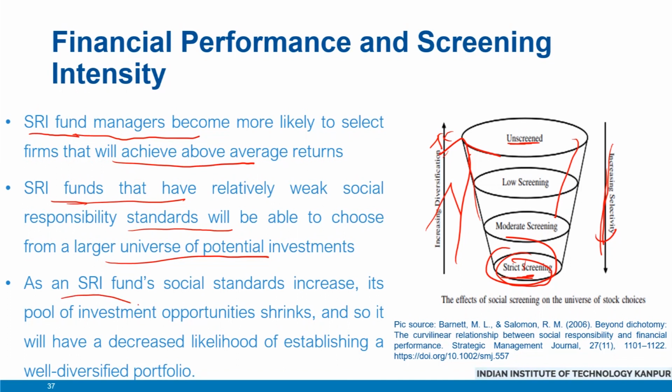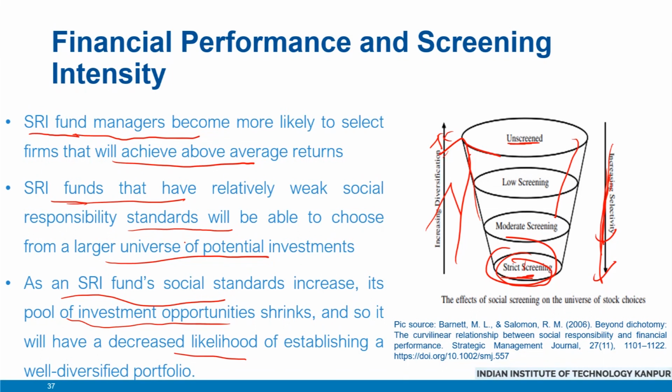As an SRI fund's social standards increase, that means more strict screening, its pool of investment opportunities shrinks, that means we are moving in this direction, and so it will have a decreased likelihood of establishing a well-diversified portfolio. However, this negative effect is offset as the stringency of social screening intensifies. Those funds that greatly restrict potential investments benefit from improved selection of investments.